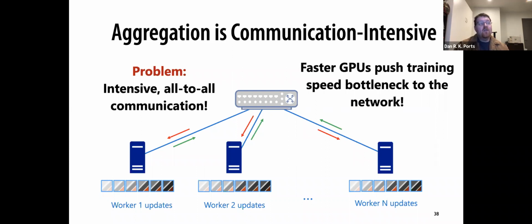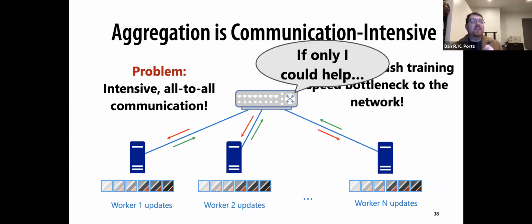But regardless, it is a communication intensive process. And as GPUs get faster and models get bigger, we're increasingly pushing the training speed bottleneck into the network. So what we've been asking is, can in-network computation help us out here?